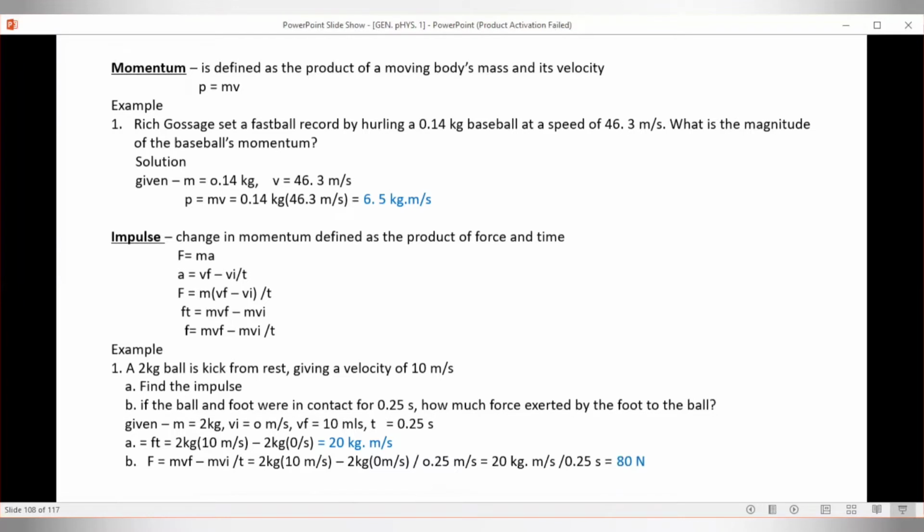If you are going to determine the force acting on the football, exerted by the foot to the ball, you have mass times final velocity minus mass times initial velocity over time. By substitution, you will get 80 newtons. Okay?